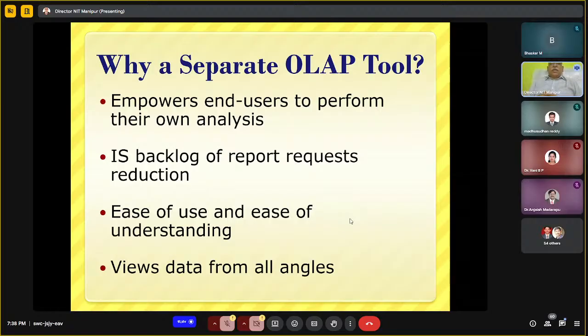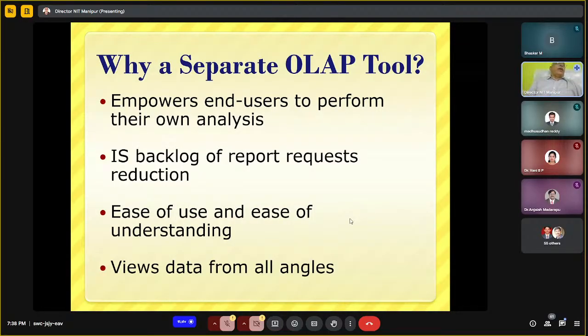And in the process, it is highly flexible. So it reduces the information systems backlog of report requests. So the backend query waiting time may be reduced. So the reduction means what? Waiting time we reduce. More jobs we can do, more short time jobs.